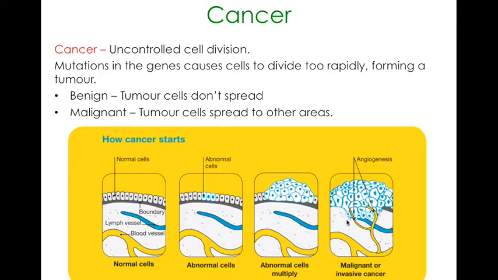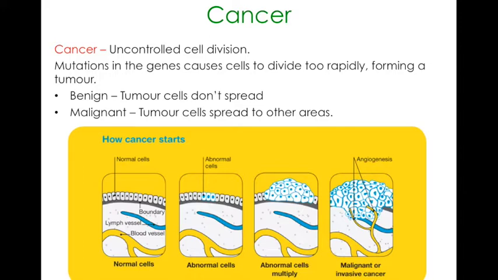So they can enter into the bloodstream or the lymphatic system, and travel through the lymph or the blood into another area, and when it gets into another area, it is invasive. In other words, it causes those particular cells to then also become tumorous, and you get multiple tumors forming around different parts of the body.